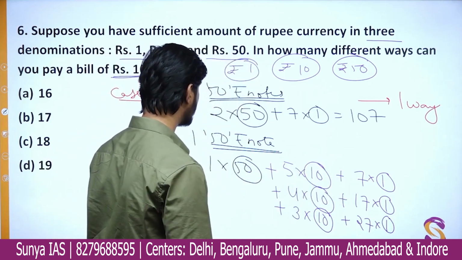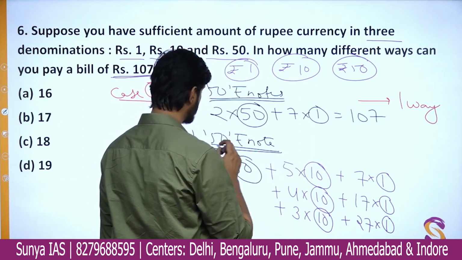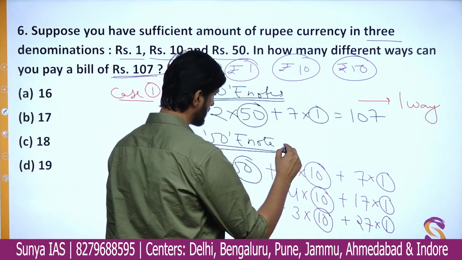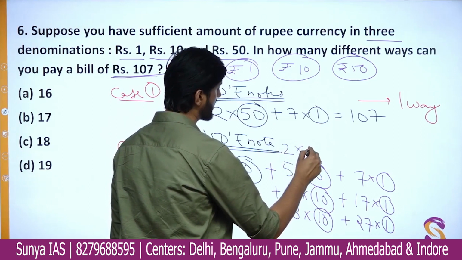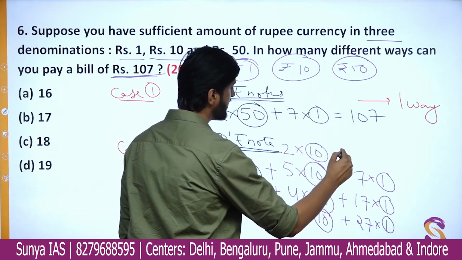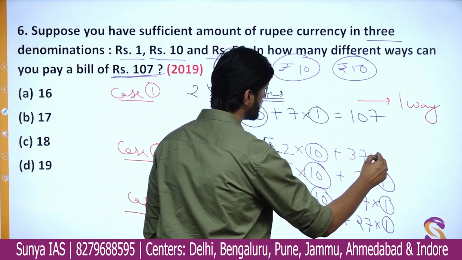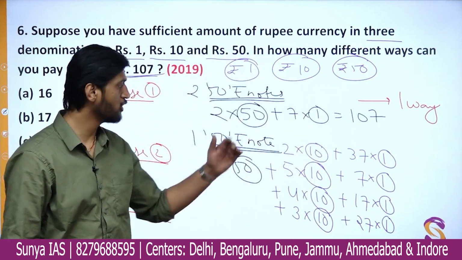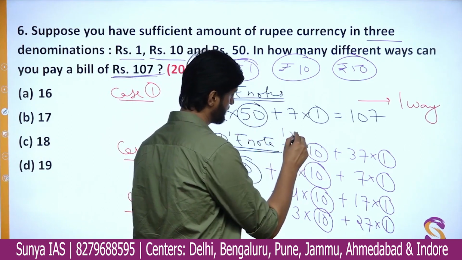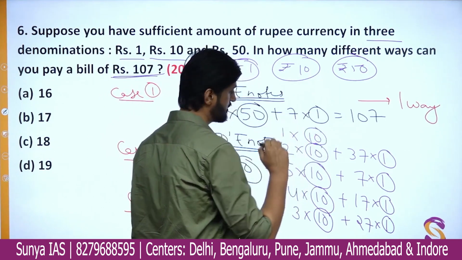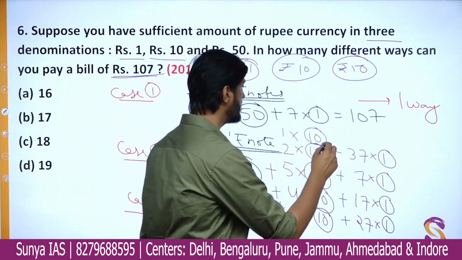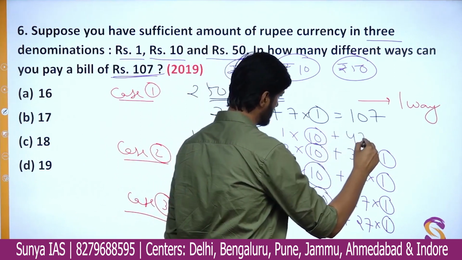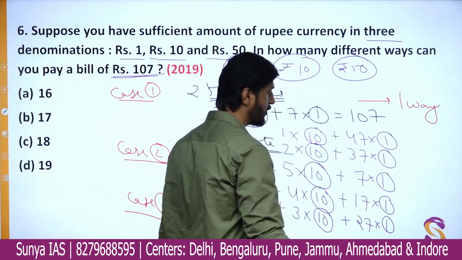Similarly, you can also have the case where you take 2 ten rupee coins and the remaining amount, that is 37 rupees, is paid by 1 rupee coins. Similarly, you can use only 1 ten rupee coin and the remaining amount of 47 is paid using 1 rupee coins.